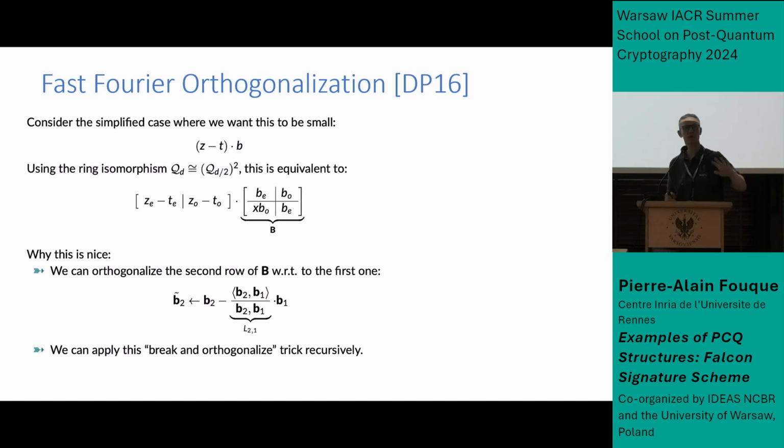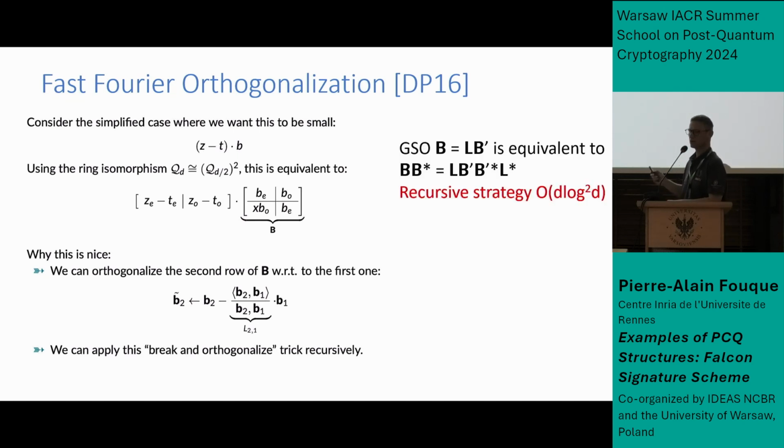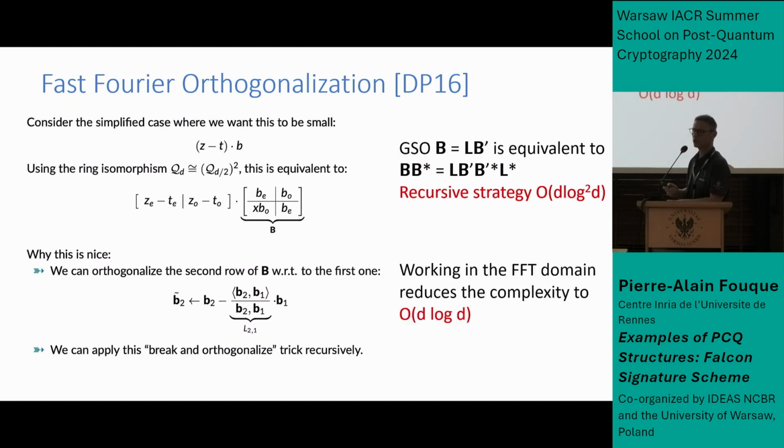We use exactly the same kind of ideas. You can see that we have something that is quasi-linear in the dimension in order to compute the matrix L that we need. And this can also be improved by working with some FFT.